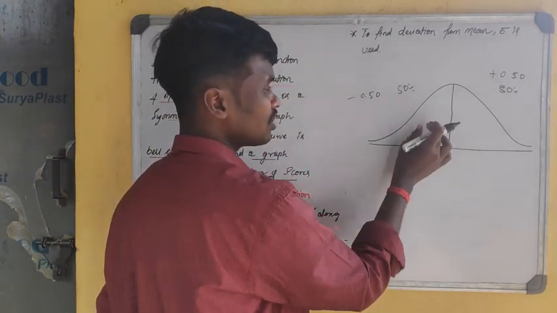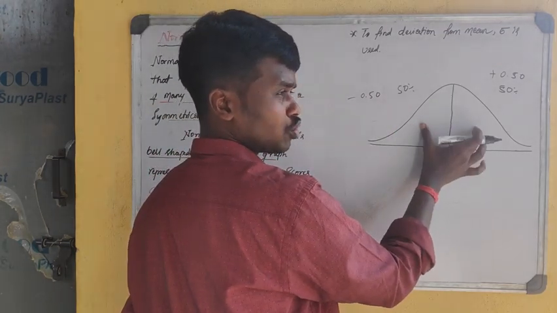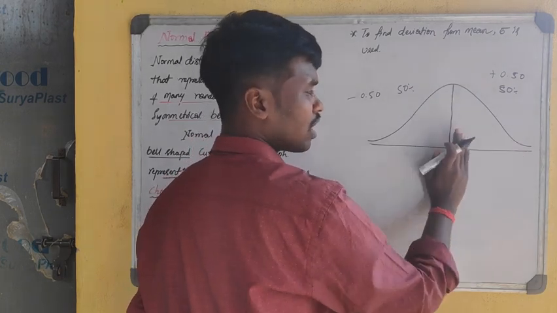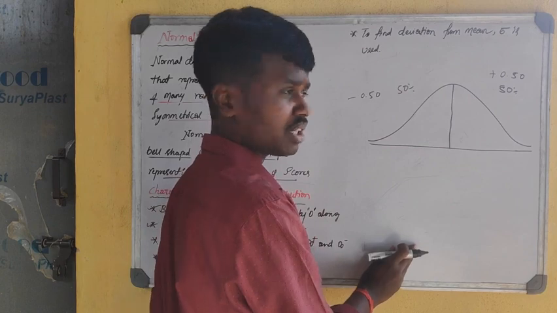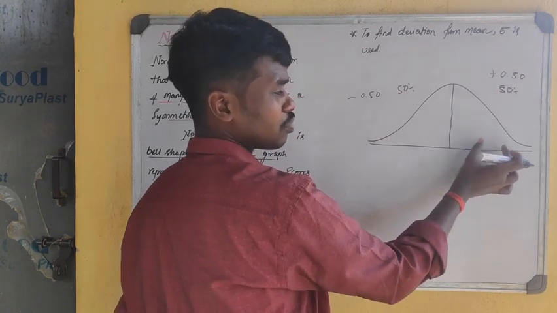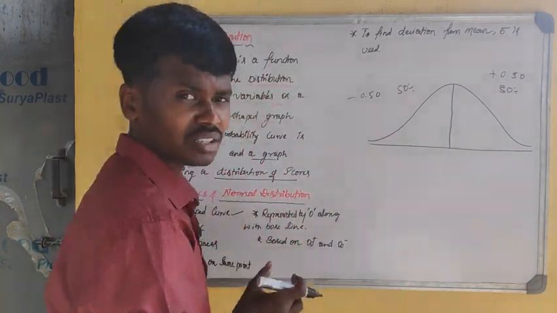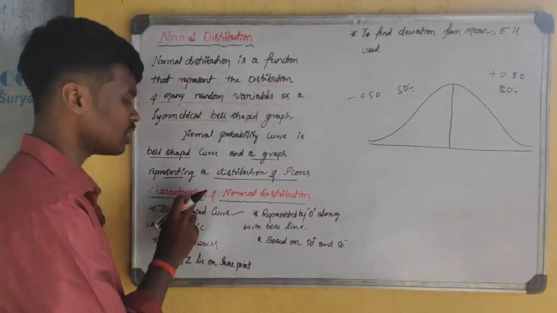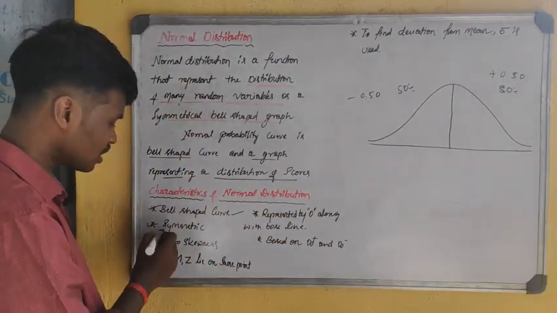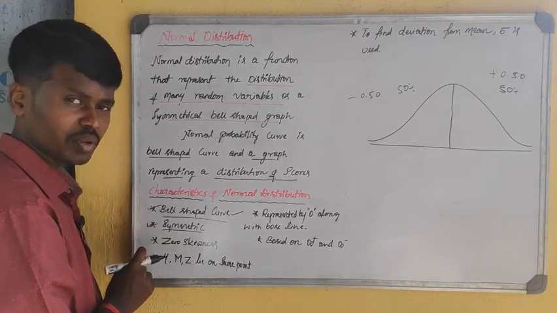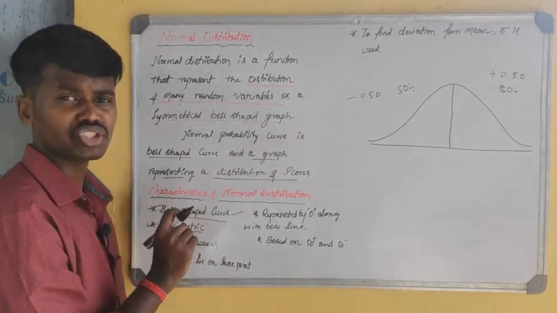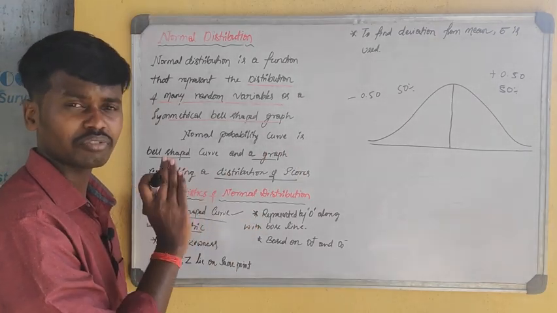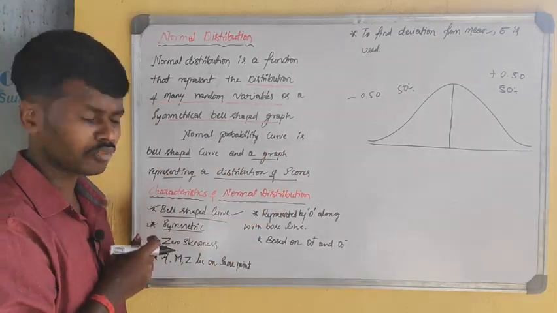Okay, so this normal distribution is divided into 2 parts, one is the positive region and another is the negative region, 50% positive and 50% negative. Therefore this normal distribution is also called a symmetric bell-shaped curve, because it distributes the random variables based on 2 parts, 50% positive and 50% negative.